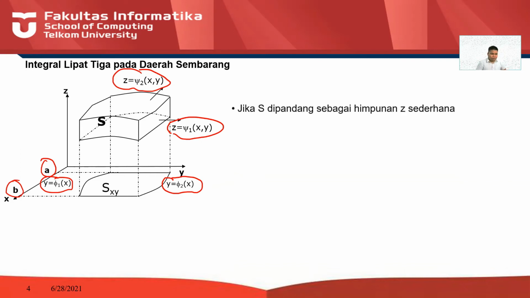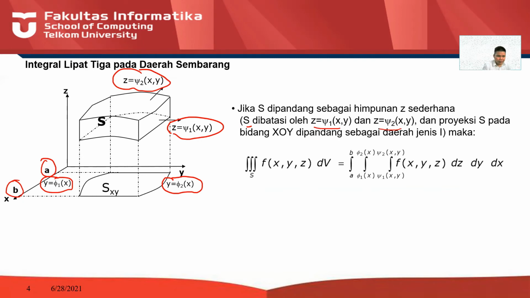So if we consider S to be a simple set in Z, which is bounded by psi 1 and psi 2, then this plane XOY, where O stands for origin, is considered as, let's say, type 1, what we discussed in the previous two meetings.